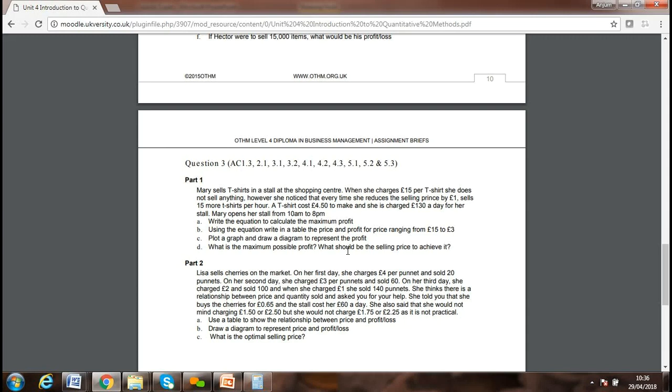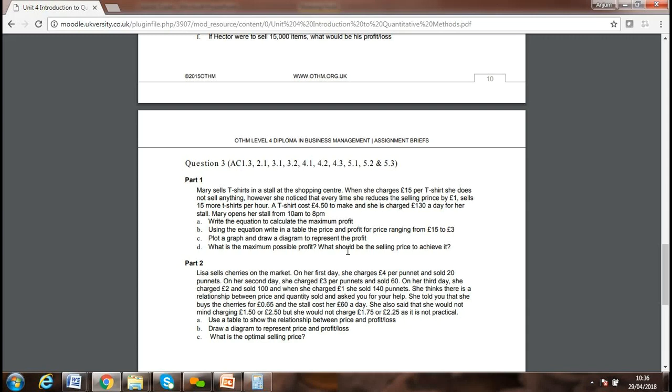So she charged £15 per t-shirt, but she was not able to sell anything. However, she noticed that reducing the selling price by £1 she sells 15 more t-shirts per hour.